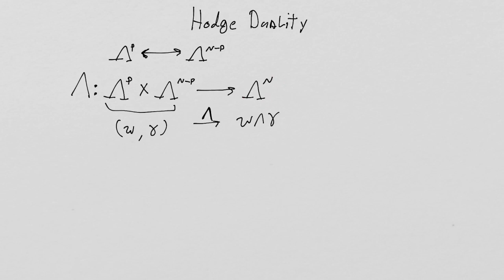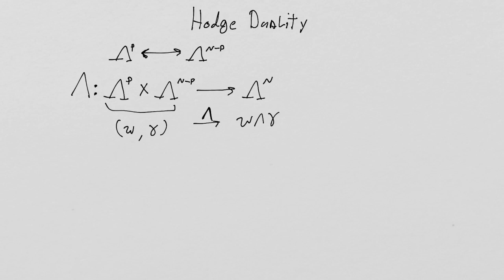It's literally a pairing, so it's not too hard to understand. So this wedge product is a mapping that takes a pair and gives you an element of the nth exterior power. But what's important is that this thing is one-dimensional, and that's really the thing that binds all of this together.